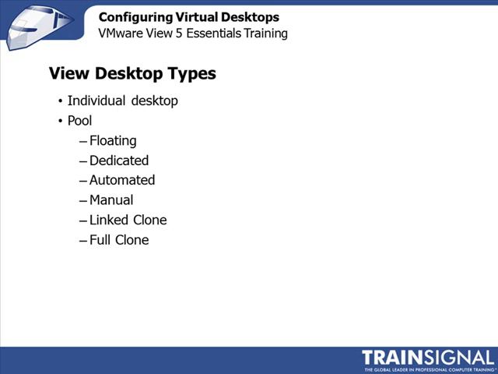Now the real magic comes with pools, and with pools, each one of these sections is grouped together because it's an A or B option, an on or an off, right? So I can choose one or the other, but I can't have both in one pool. So in my pools, I get the option of having floating pools or dedicated pools.